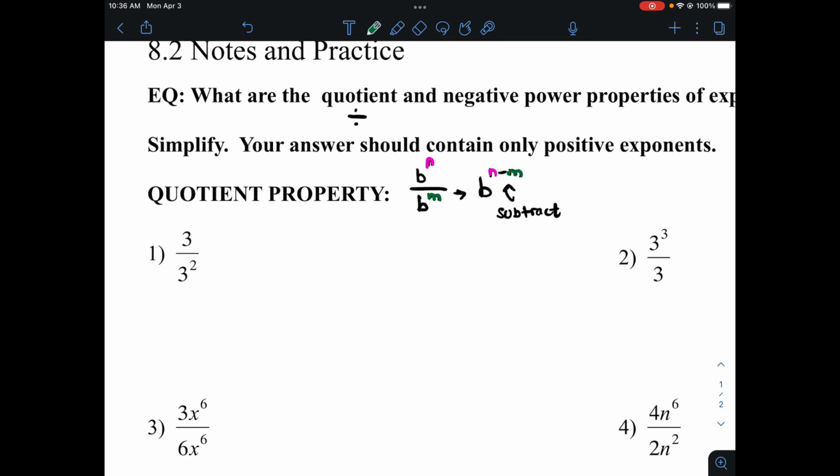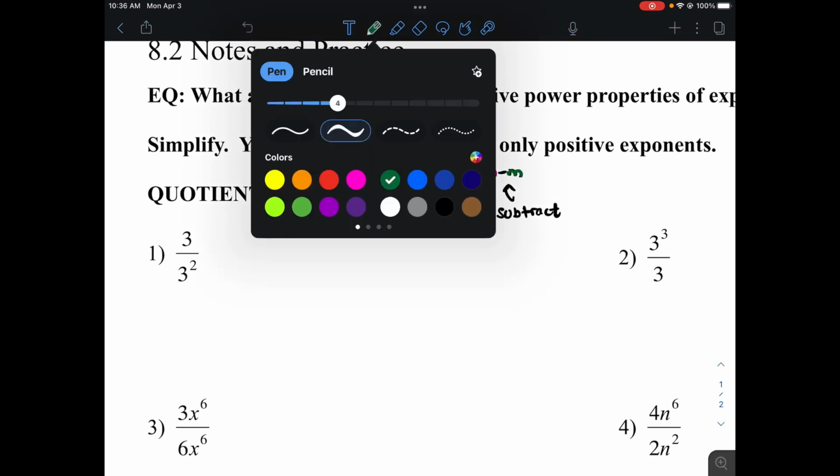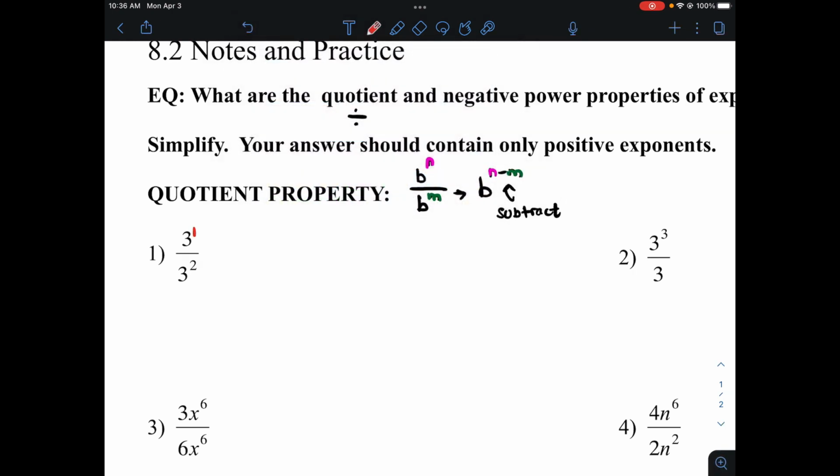So for example, number one here, we have 3 to the first, technically there's a little invisible 1, over 3 to the second. Another way to look at this is that there's a 3 up top and two 3s down below.